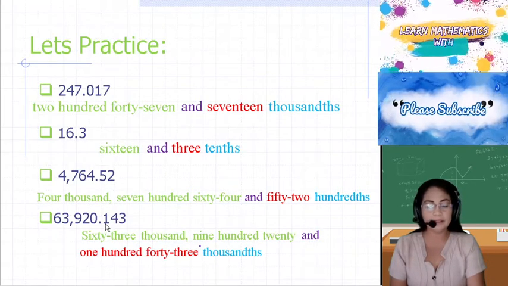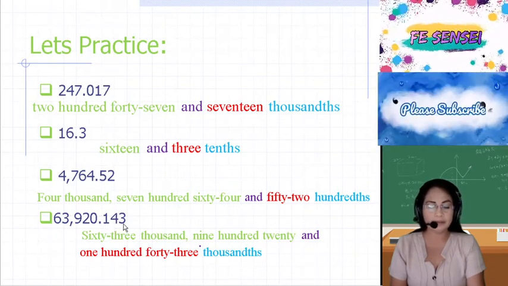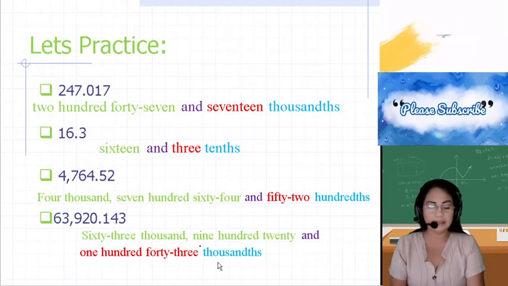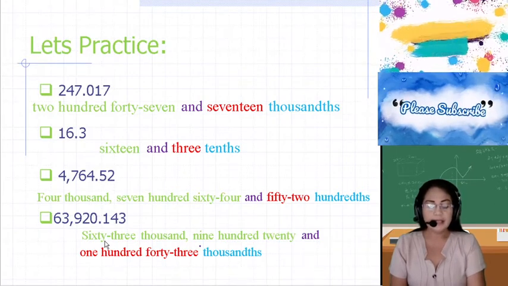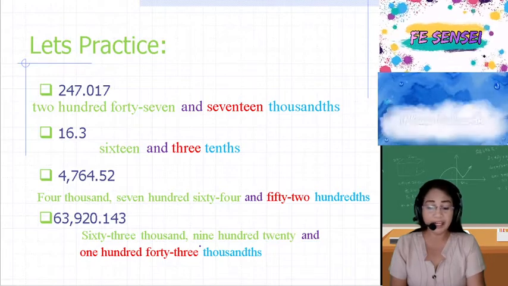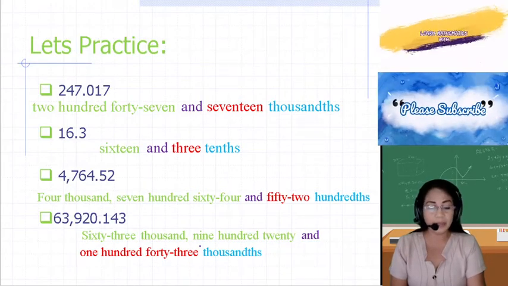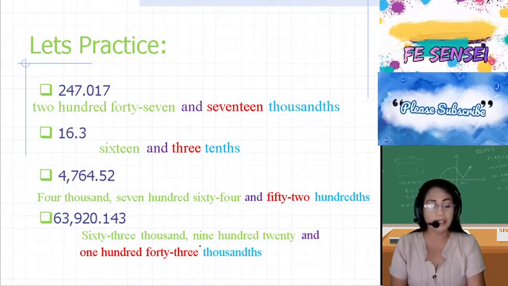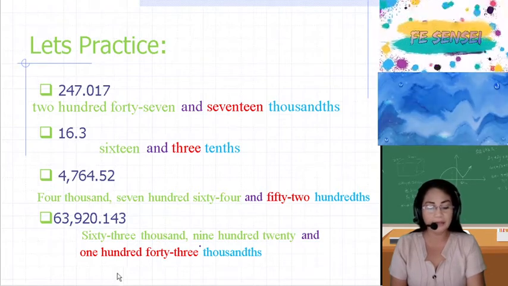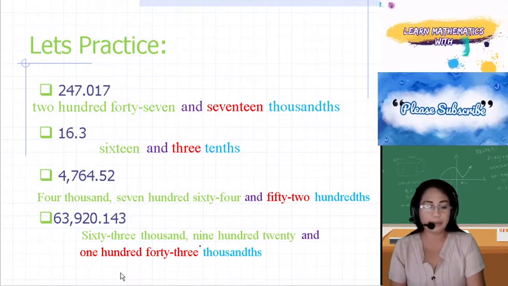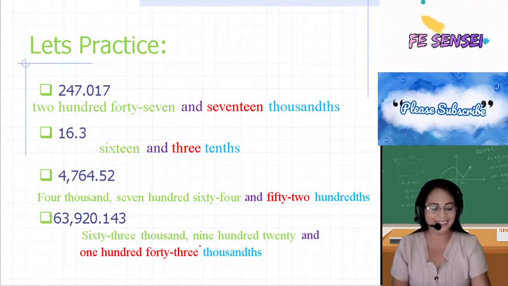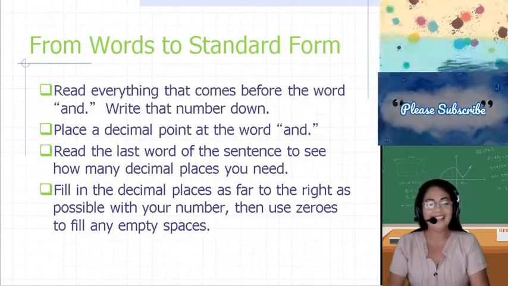This is tenths, hundredths, thousandths. So that's it, thousandths. So the number can be read and written as 63,920 and 143 thousandths.